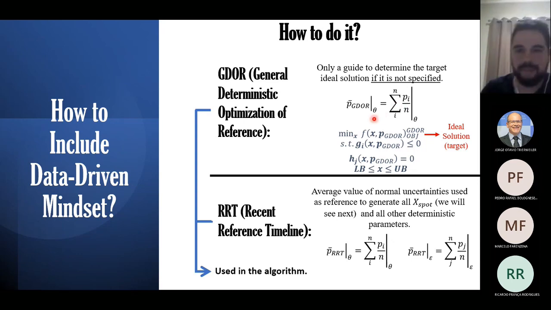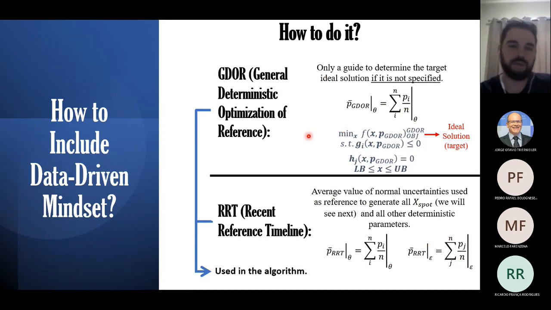So for each parameter theta, we have data for this parameter. And since we made 24 optimizations for this parameter, now we have to sum these 24 terms, and we're going to have an average. We take this average, we put it in our deterministic problem, and this is our original problem, without transforming it, and we have the ideal solution. It could be, okay, and again, always respecting the bounds. So I prefer to specify it.